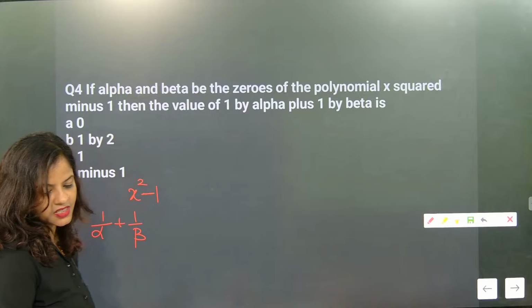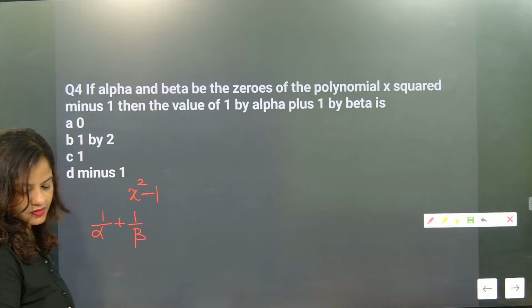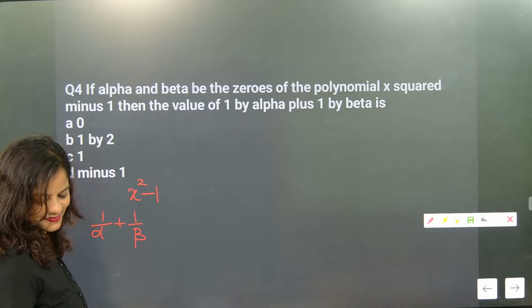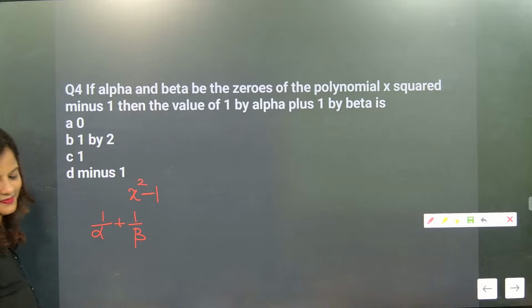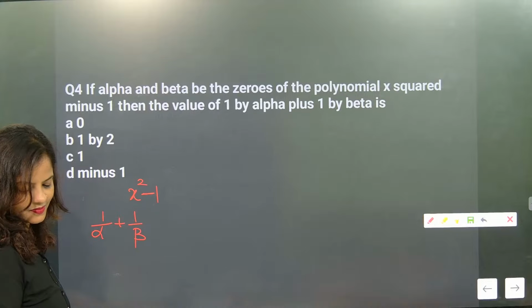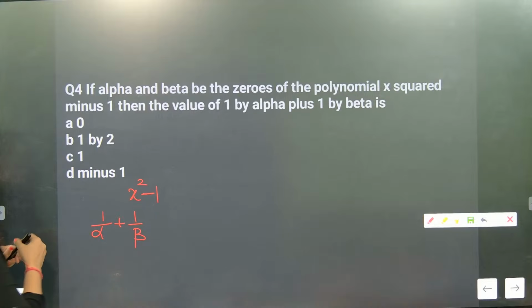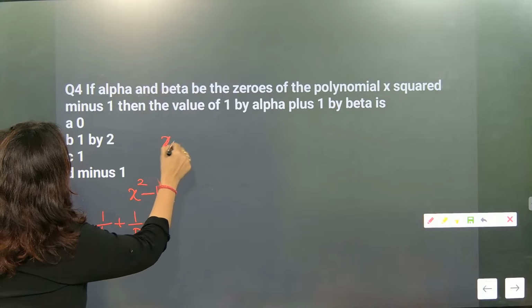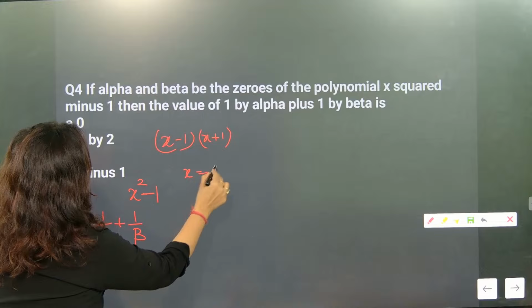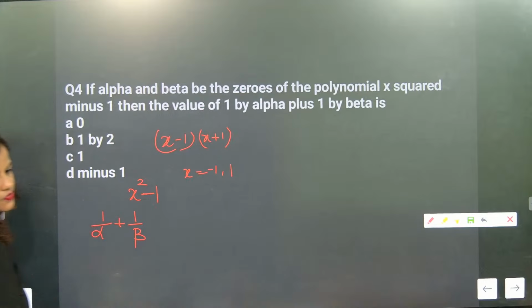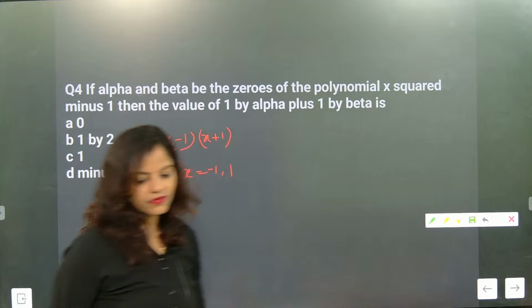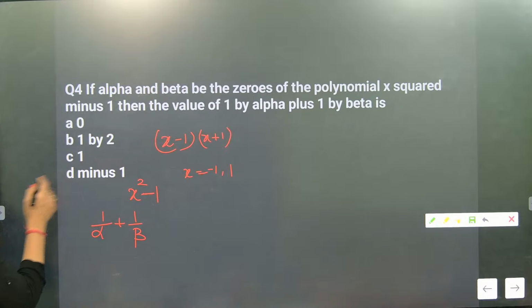Yes, C is the answer. Let's talk about this. So here x will be minus and plus. So definitely one value of x will be minus 1, one value of x will be plus 1. So one value is x is equal to 1, x is minus 1.